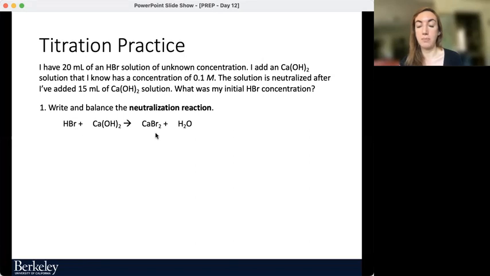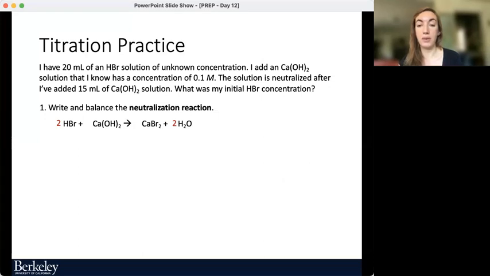So I need CaBr2. And then I always need water as the other product in my neutralization reaction. So I need to balance this reaction by putting a 2 in front of my HBr and my H2O. I know I sound like a broken record, but balance your reactions, make sure those stoichiometric coefficients are right.